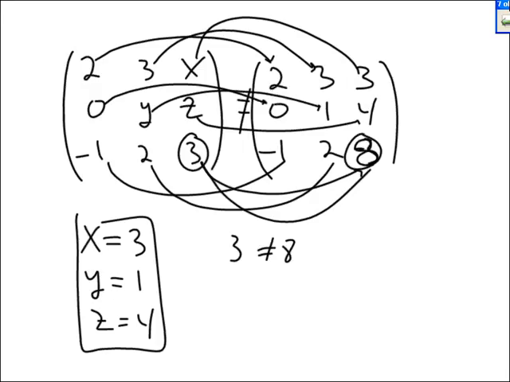Okay, but since it was this 3, it is correct that for these two matrices to be equal to one another, x is 3, y equals 1, z equals 4. When we're solving what's called a system of equations, we'll run into these again. This completes the section on multiplication of matrices.